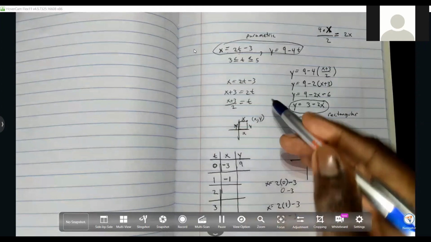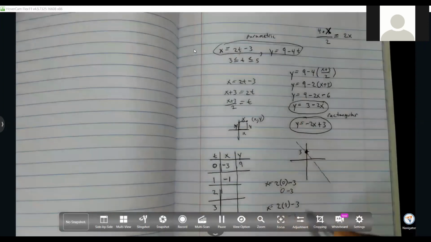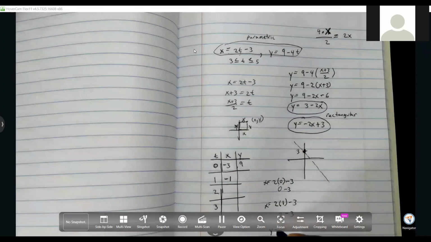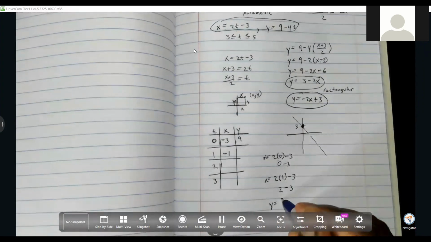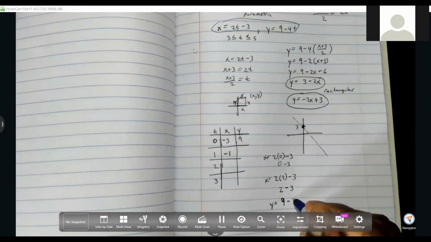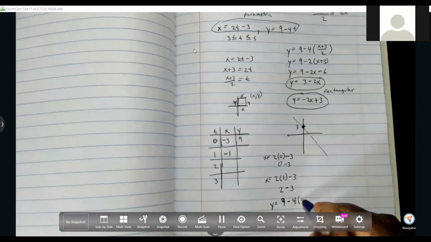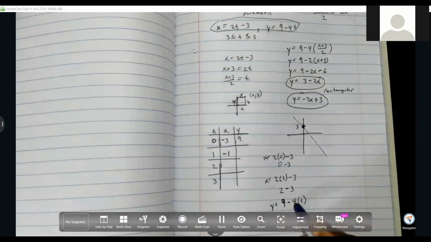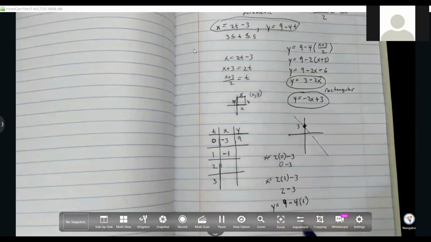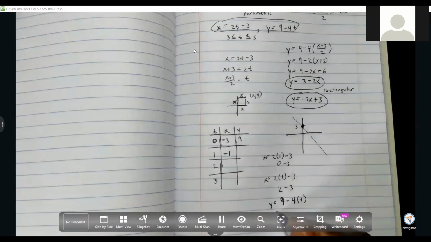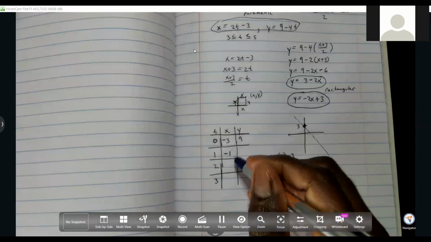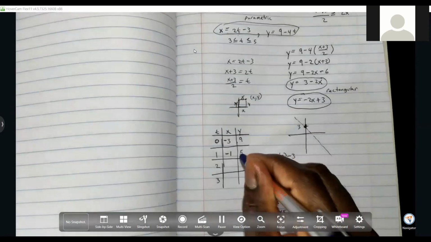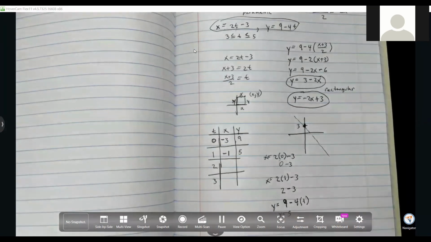Now if we go to the y part of it and substitute, we have 9 minus 4 times 1. So this is 4. Subtract 4 from 9 is 5. So we're going to have 5. And we can keep going like that.